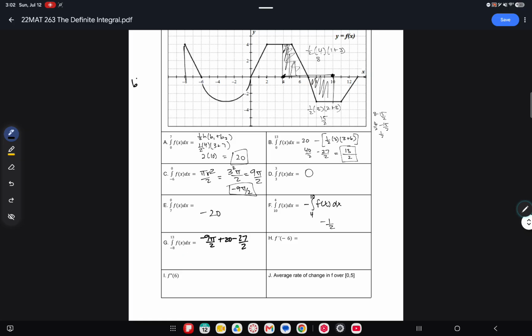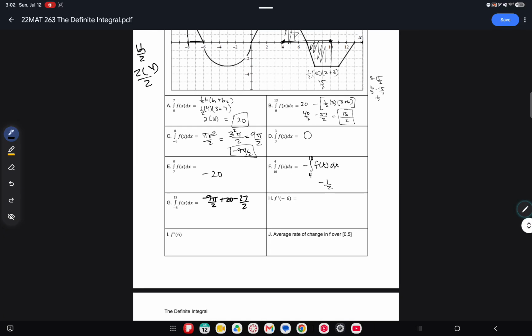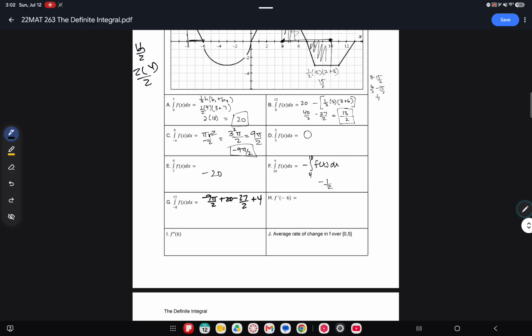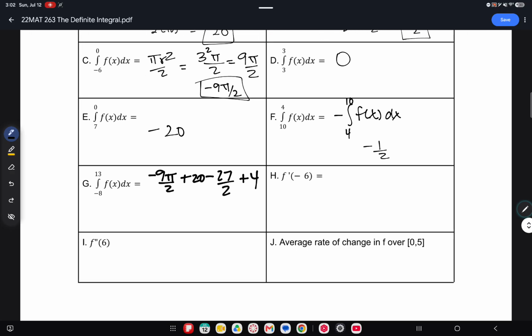And so triangle is base times height divided by 2. So 2. And then 1, 2, 3, 4. And divided by 2 is just going to leave us with 4. And then let's combine. So let's make everything over 2. So I got negative 9 pi over 2 plus 40 over 2 minus 27 over 2 plus 8 over 2.